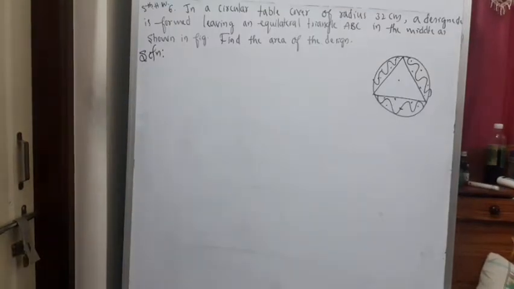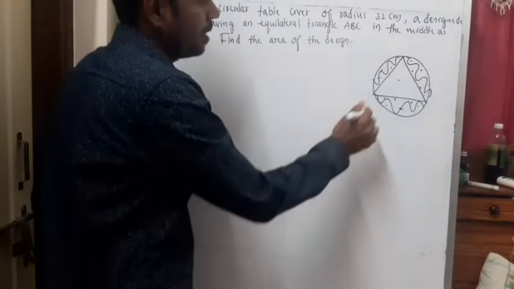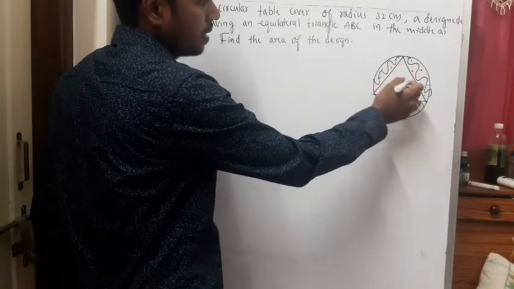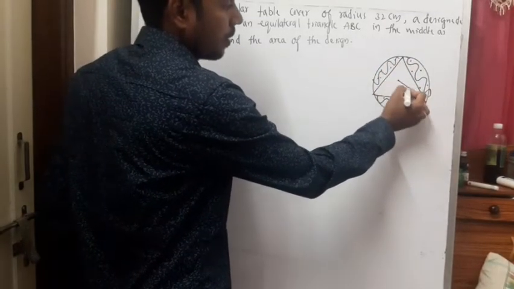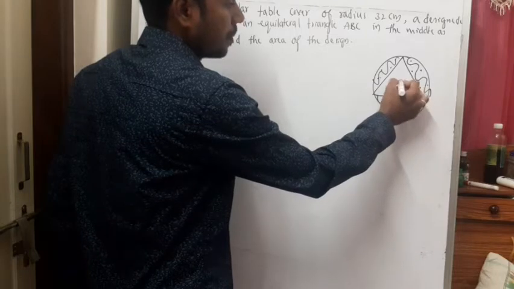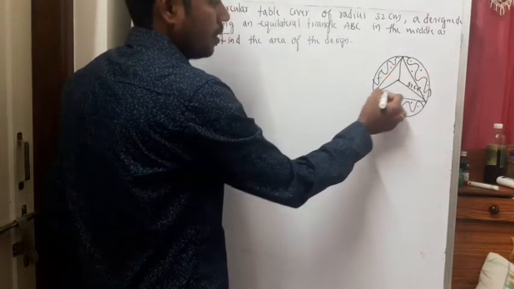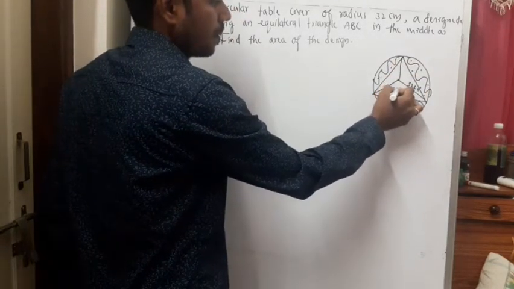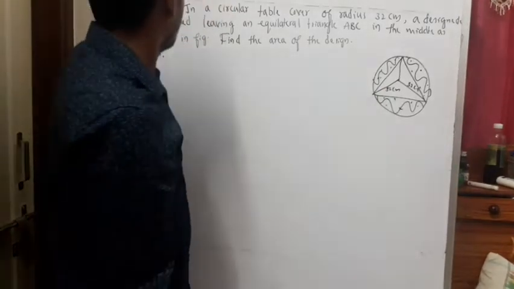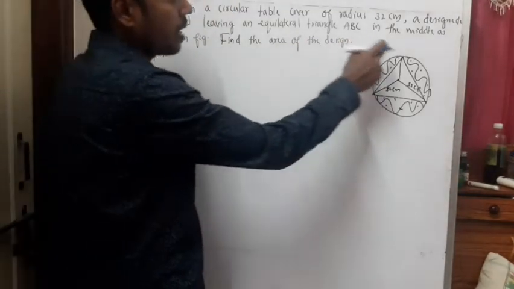Now, sixth question: a circular table cover of radius 32 centimeter. What is the radius? It is 32 centimeter. Now, a design is formed leaving an equilateral triangle ABC.